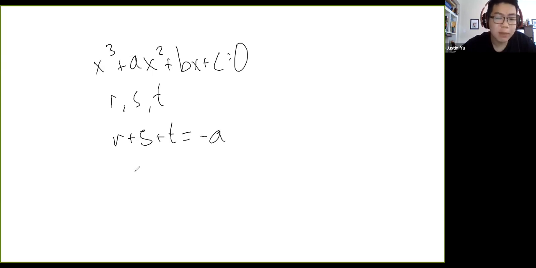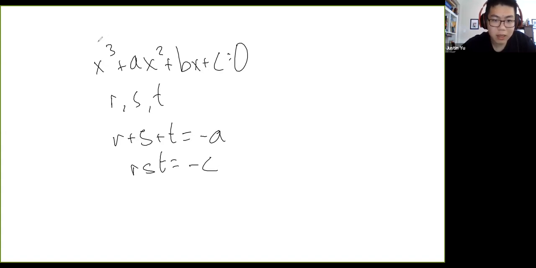Can people tell me what rst is equal to? I see a few b's, most of the people are saying c, but I see a lot of positive c's and I see a lot of negative c's. It turns out it's negative in this case.